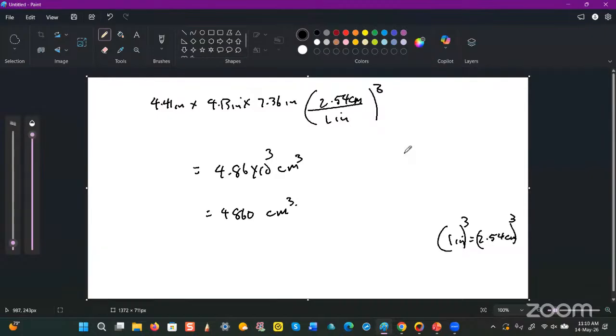All right. Any questions about this one? Any questions? All right, so those are just 2 examples of how you actually carry out unit conversions. All right. Okay, so going back to the PowerPoint.